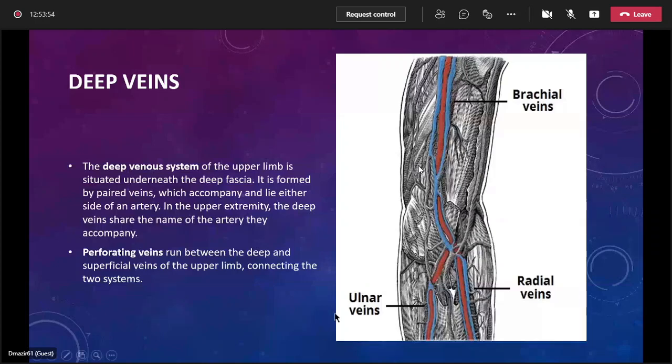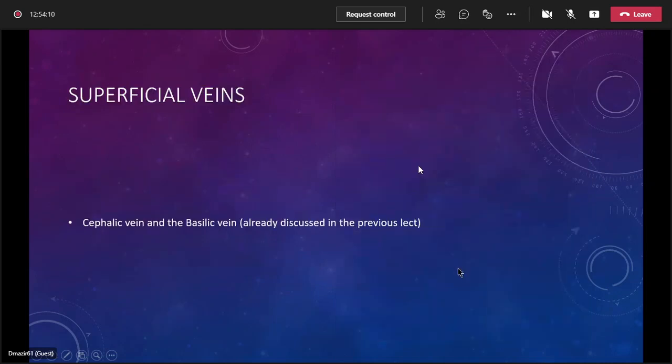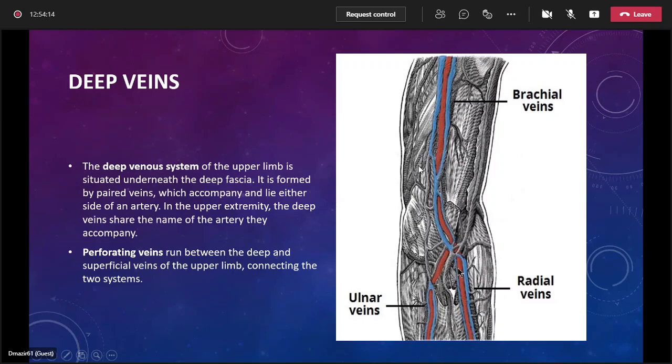Here we are coming towards the radial artery. It is the lateral terminal branch of the brachial artery, and it is taking part in anastomosis at the elbow joint also, and is supplying the muscles in the forearm and at the level of the wrist.